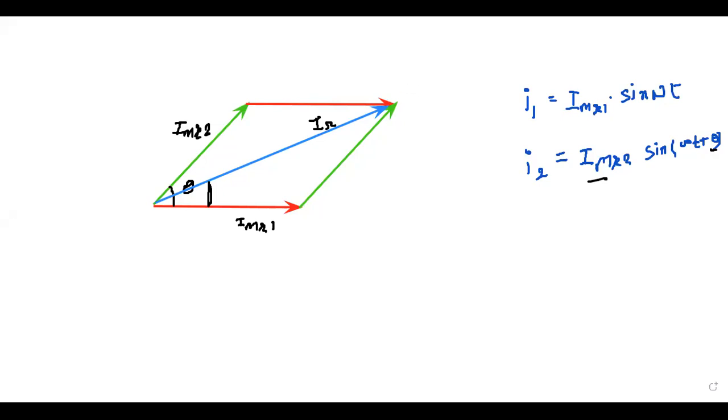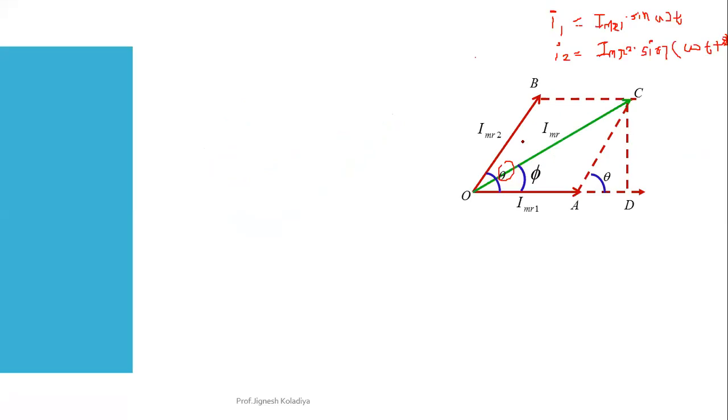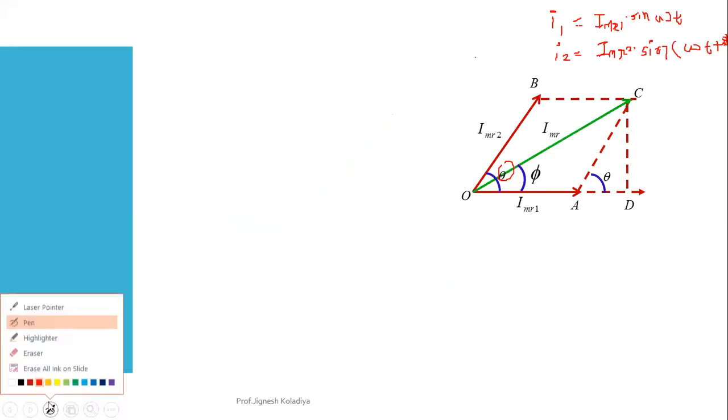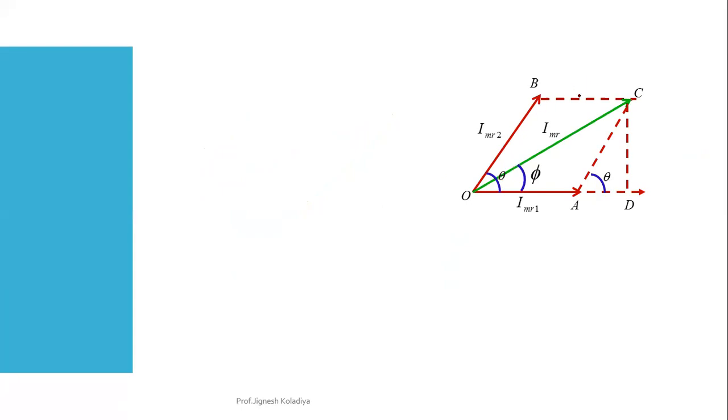Okay, now let me share the PPT again. Then after I will come to this point again with the whiteboard. So far we have done the procedure up to this, right?